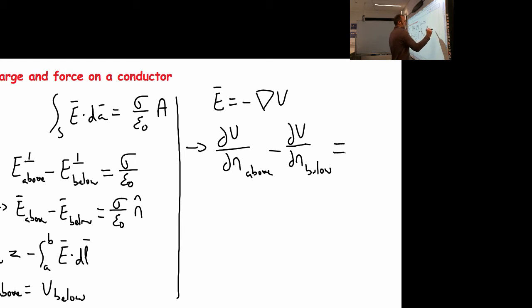And this will be equal to minus sigma over epsilon naught. So that's quite a nice expression for the difference in the potential derivatives above and below. We see that it's just equal to minus the surface charge divided by epsilon naught.